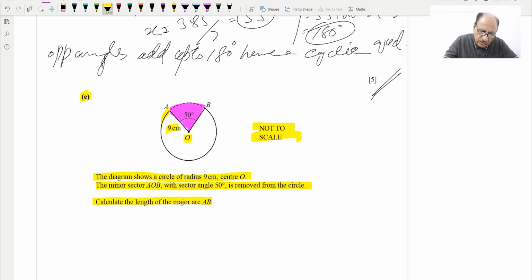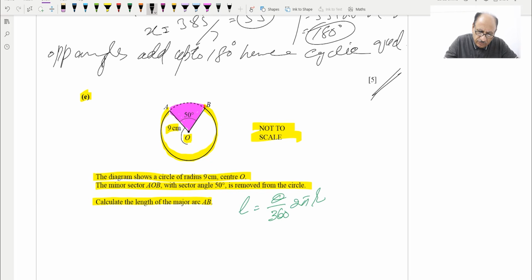So the major arc AB will be this one, and we know the formula for length. The length of an arc formula is L is equal to theta over 360 into 2 pi r, and this is the formula we will be applying, and we need theta.